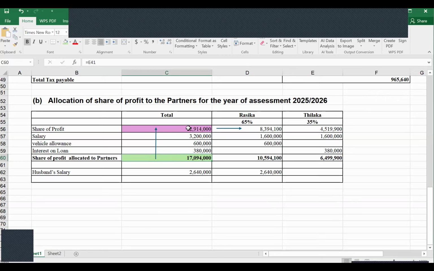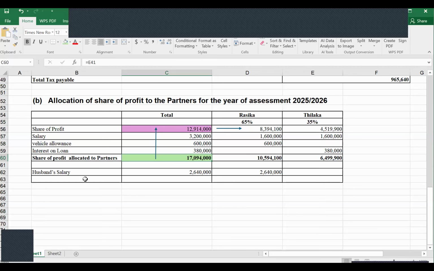Then we have 12,914,000. That amount can be allocated to partners based on their profit allocation ratio, that is 65% and 35%. After that, we can total Rasika's and Tilaka's share of profit allocated to partners. The balance value can be calculated.